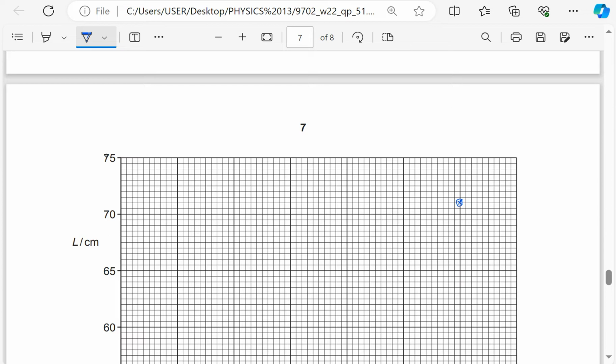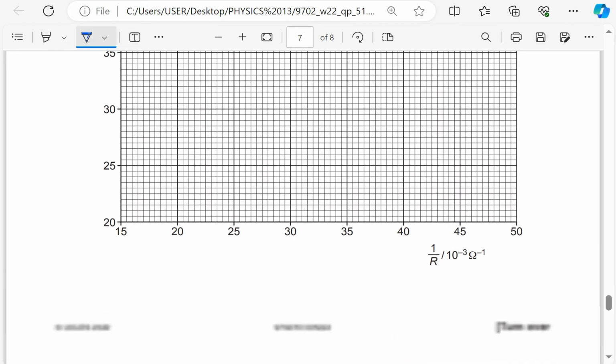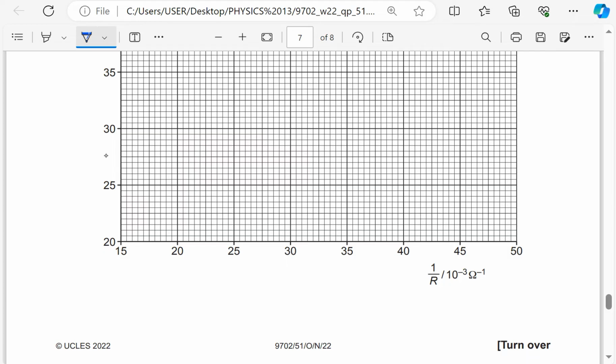Then the next point was 37 against 57.5. 37 on the x-axis, the scale is 20 minus 5, which is 15, divided by 10 is 0.5. So 37, this is 36, 37. Those are 4 boxes.